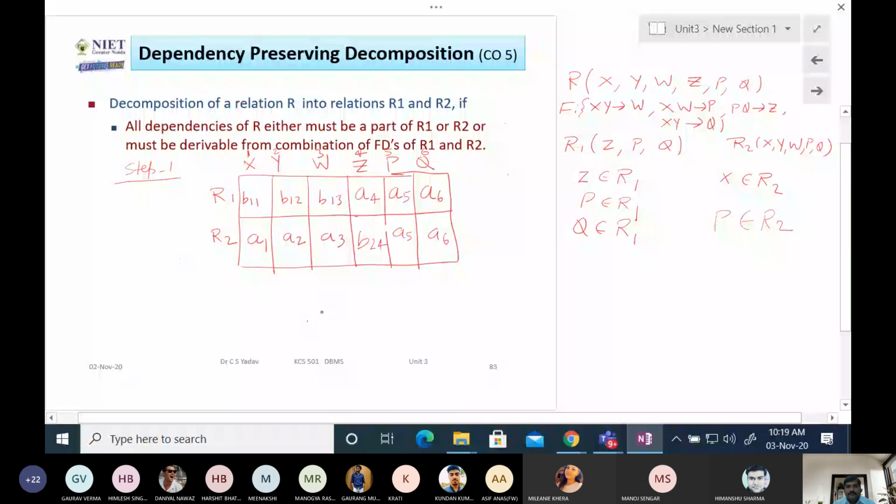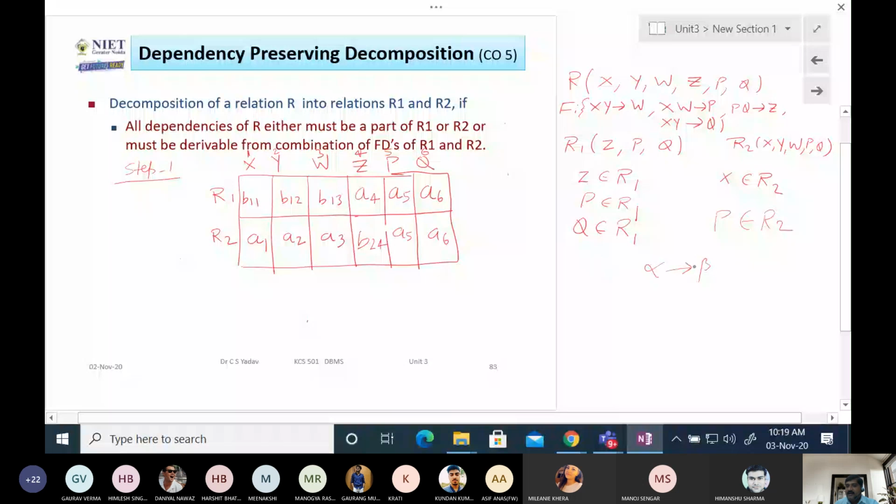Now what about step number 3? Step number 3: for any functional dependency that exists on R, alpha determines beta, for any two rows that agree on the alpha value, they must agree on their beta value.